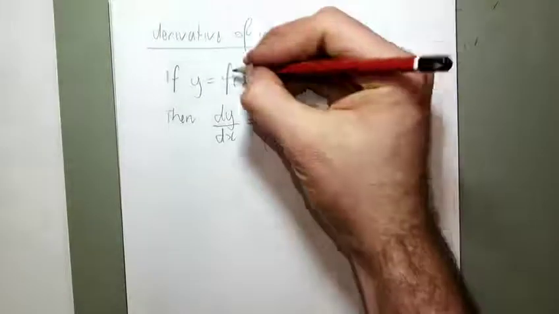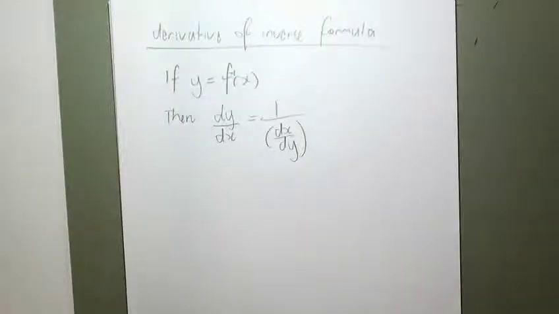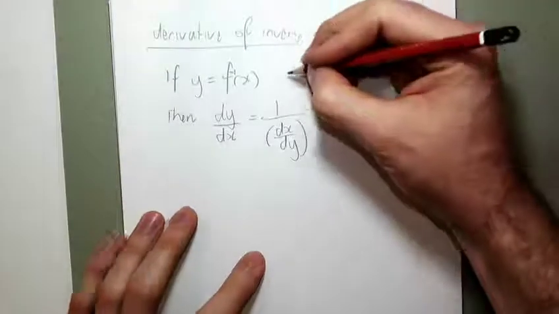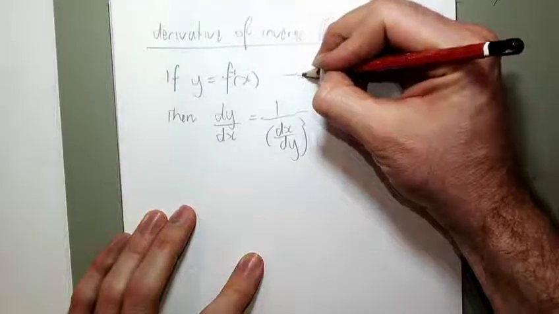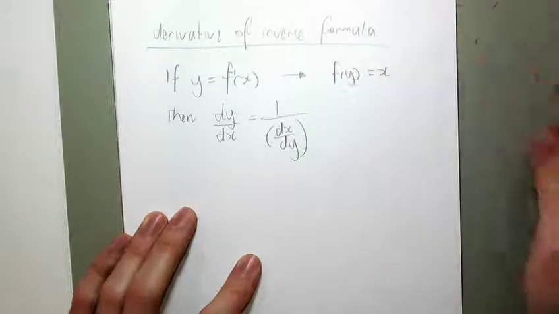Usually there's an f inverse here. I'll make it f inverse. If y is equal to f inverse x, dy on dx is 1 over dx on dy. It doesn't matter whether y is equal to f x or y is equal to f inverse x, it works. The point about it is that if y is equal to f inverse x, that means that f of y is equal to x.